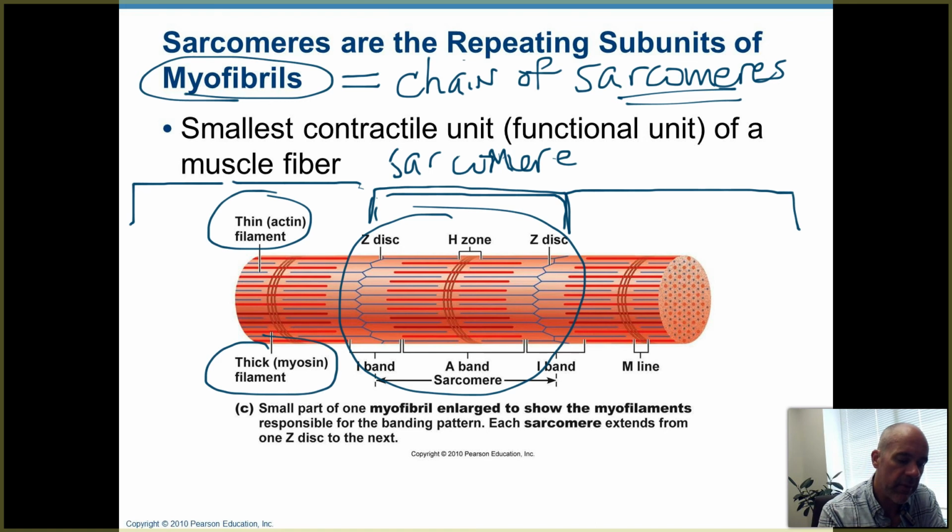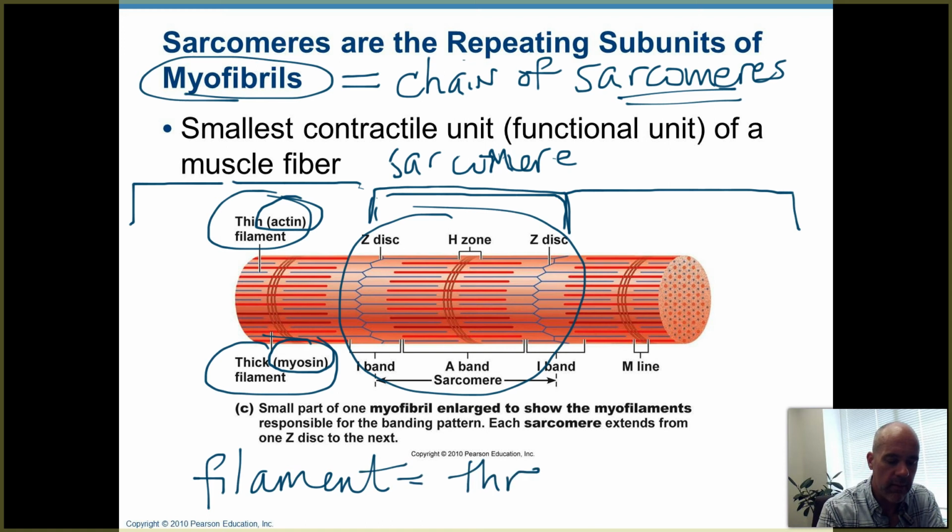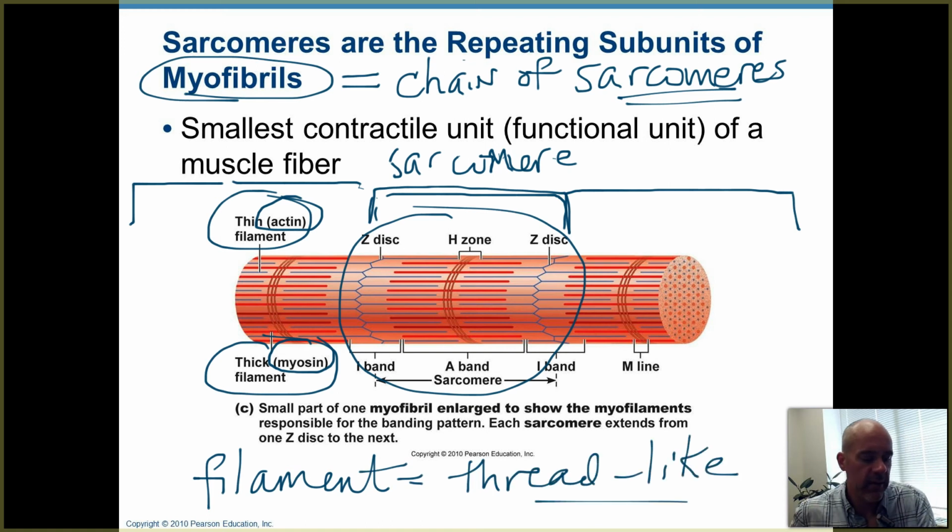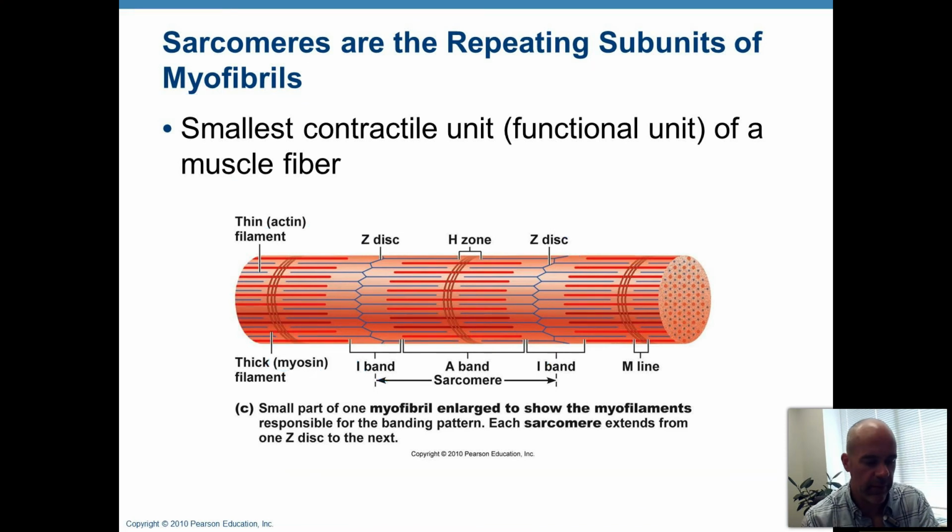Thin filaments are built from a protein called actin, and thick filaments are built from a protein called myosin. Filament is another term for a thread, so you have a thread-like structure. That's where filament comes from, like the filament in a light bulb, for example.